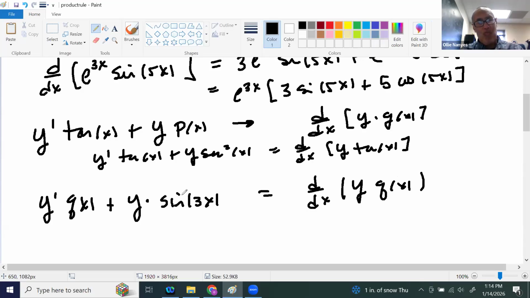Well, in this case, what you have here is going to be an antiderivative of that, because remember, this is going to be the derivative of q. And you remember from calculus 1, this will work if you have y prime times negative 1/3 cosine of 3x.